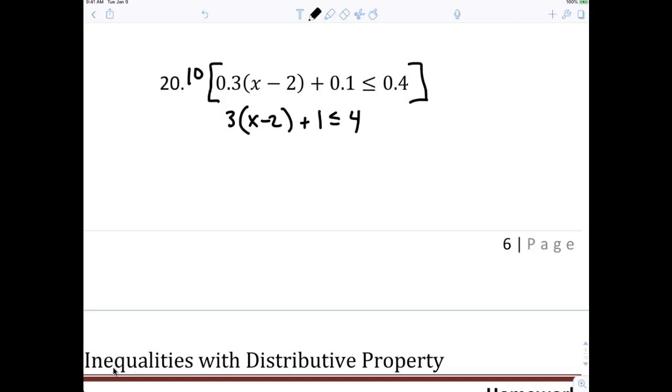All right. That's a good job. Now we can distribute, correct? So we can say 3x minus 6 plus 1. 3x minus 5 less than or equal to 4. 3x less than or equal to 9.